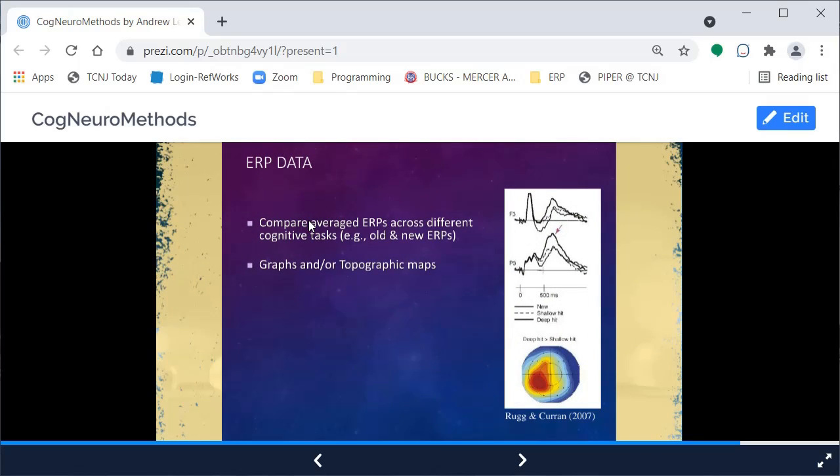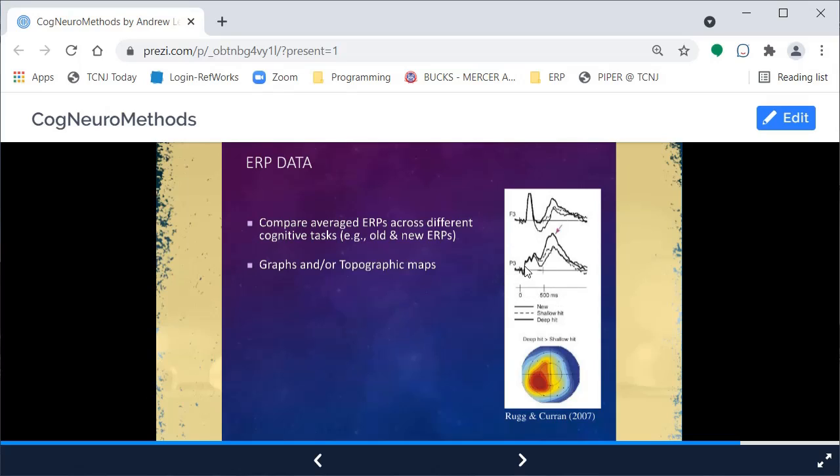So let me give an example from the memory field. If we have people do a recognition test, we can generate an ERP for old items and an ERP for new items, or studied and unstudied items, and we can look at the difference. This plot shows you old versus new, as well as some other conditions. We can look at the individual traces, which represent individual electrodes over time.